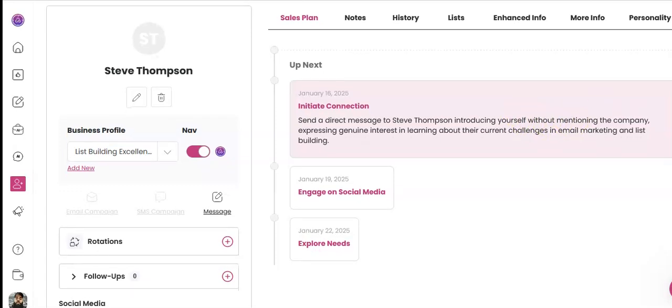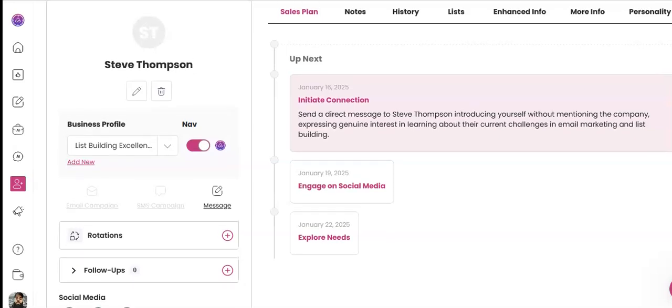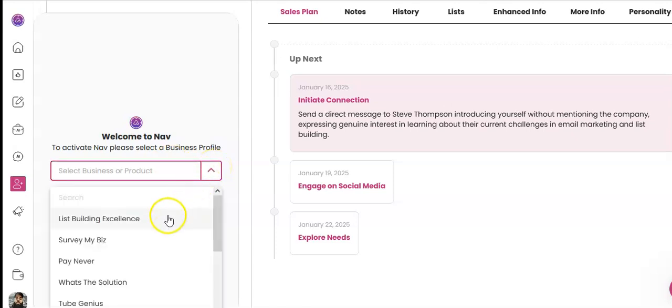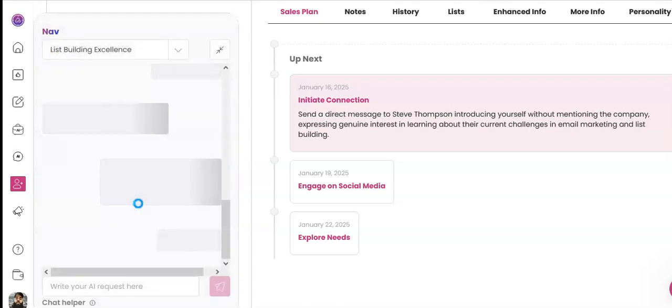But here's the even more impressive part. If I come over here and click this nav, then come down here and click on what business I want them to see, I click get started, right?